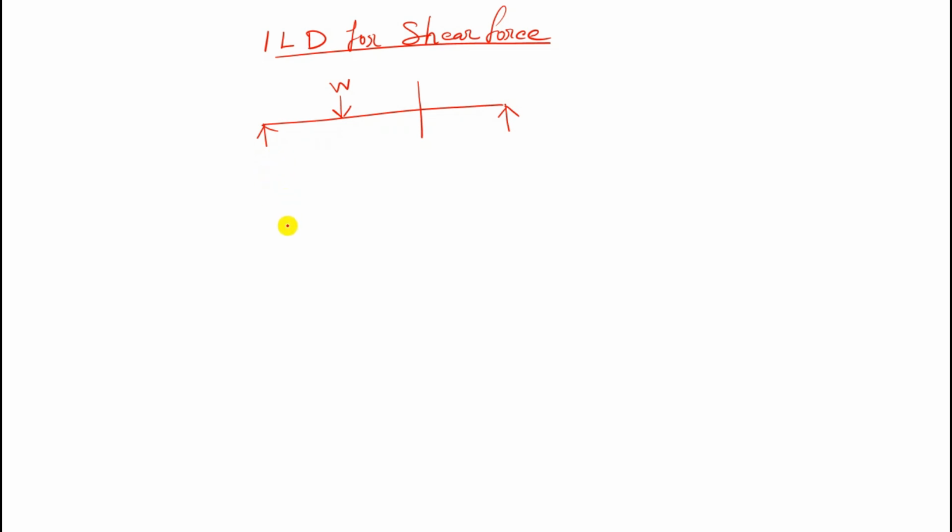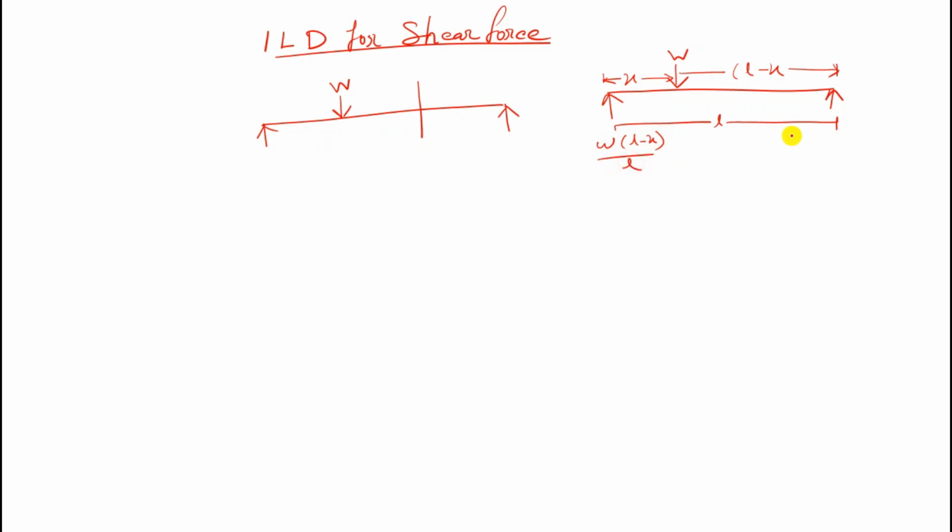One thing you know is that for this case this is W and this is reaction RA and RB, and if this distance is x, then this distance would be L minus x, because the length of the beam is L. Now the reaction RA equals W into L minus x divided by L, and the reaction RB will be W x by L. All of you know that.